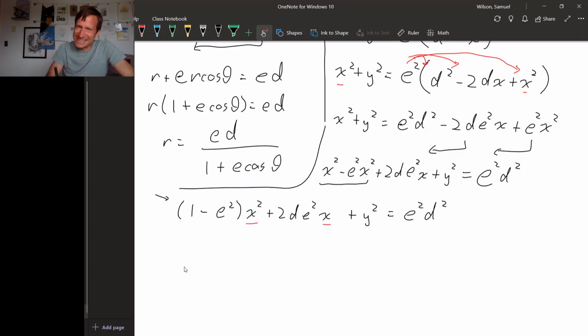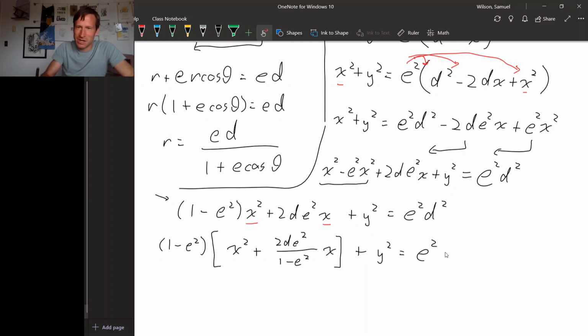So remember, the trick to it is factor out that leading coefficient, so we get 1 minus e squared times x squared plus 2de squared over 1 minus e squared times x. So I factored out the leading coefficient from my x terms, plus y squared equals e squared d squared.